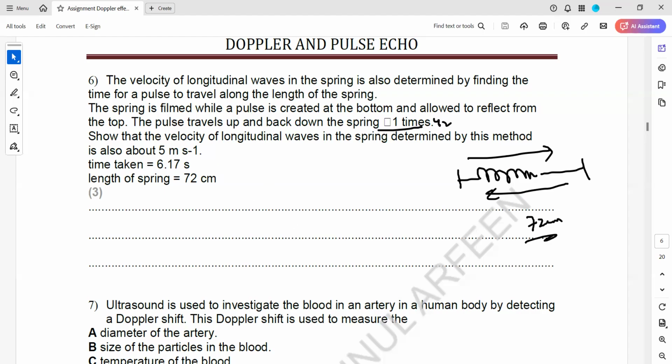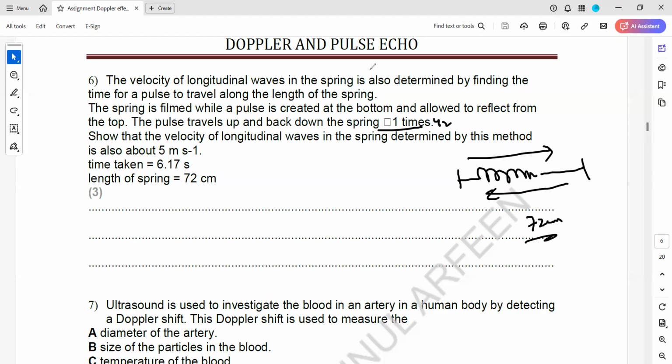So just use the formula, speed is distance over time. What is the time for one pulse? If we do 0.72, it will be the same thing.